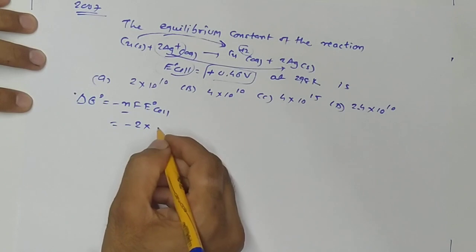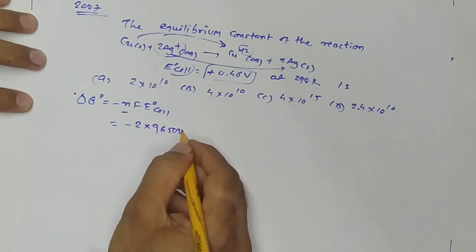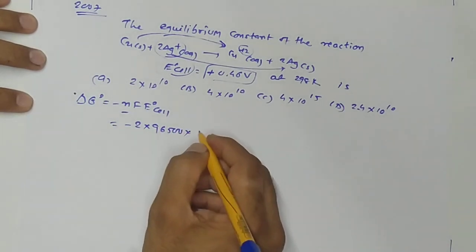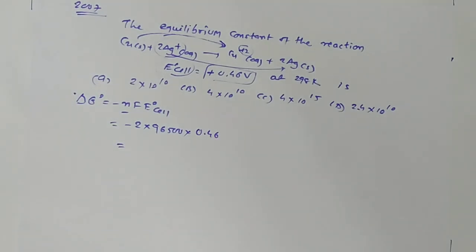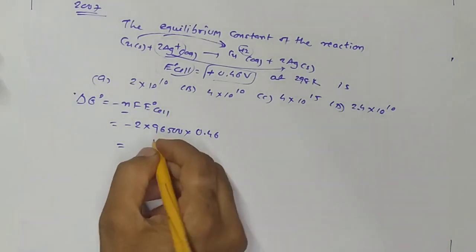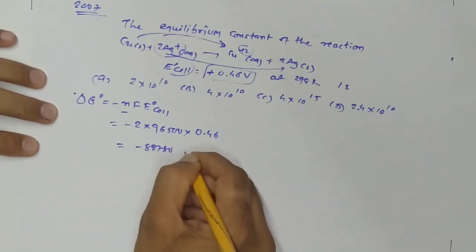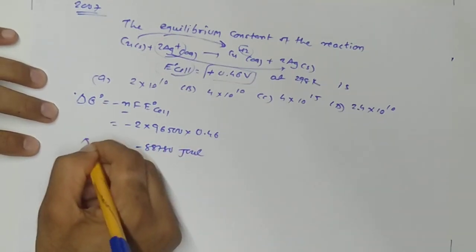F is the constant 96500 coulomb, E° cell is 0.46 volt. So 2 × 96500 × 0.46 is about 88780 in joule.